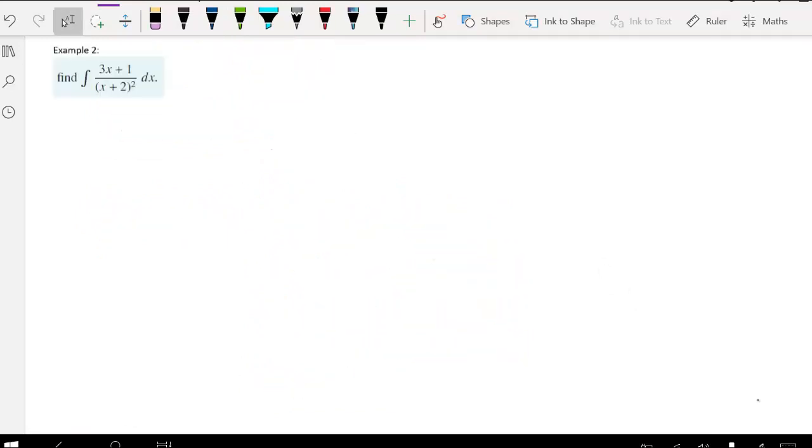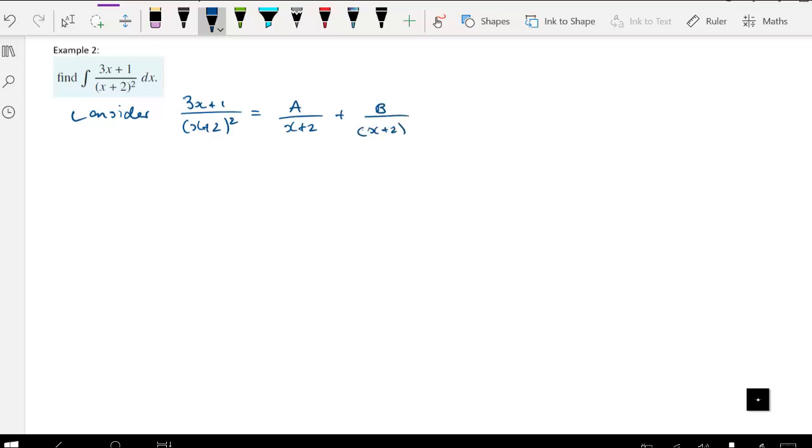Okay, so example 2, we've got the integral of (3x + 1) over (x + 2) squared. So we're going to consider just the fraction. (3x + 1) over (x + 2) squared is equivalent to A on (x + 2), because this is repeated, plus B on (x + 2) squared.